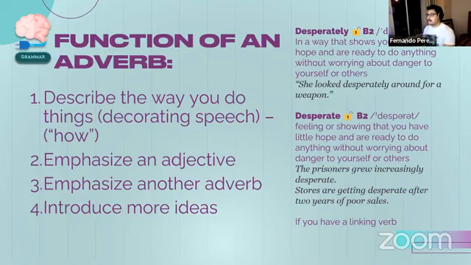If you have a linking verb, like be, seem, become, feel, smell, you need an adjective. If you say an action verb, you need an adverb.